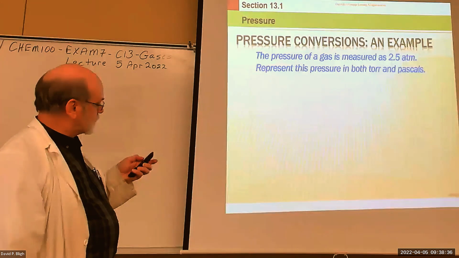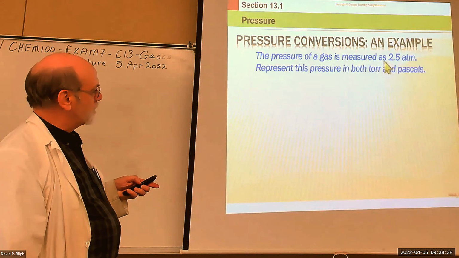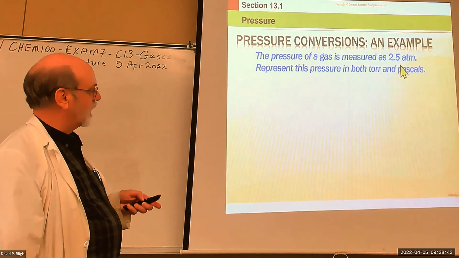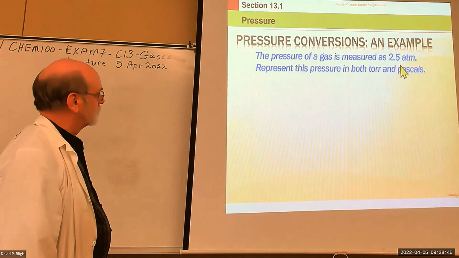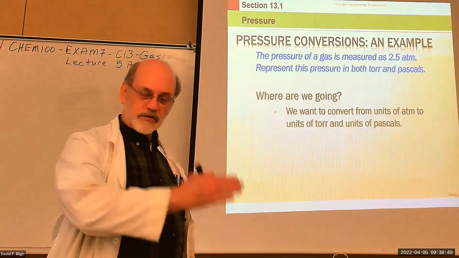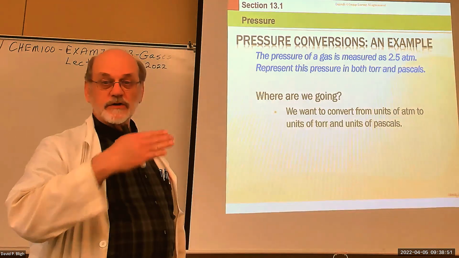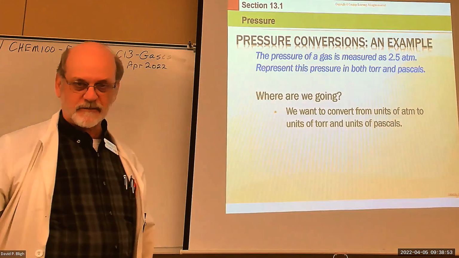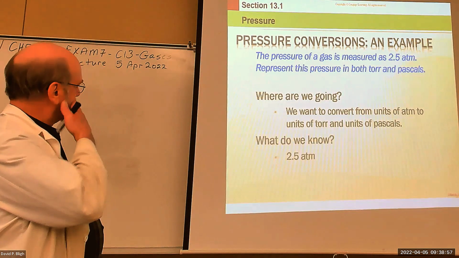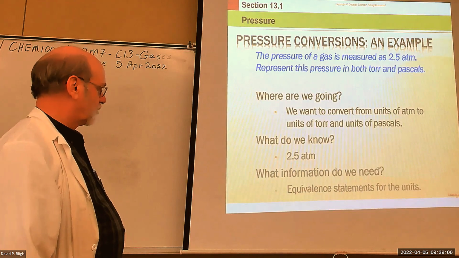Change this pressure from 2.5 atmospheres to torr and then into pascals. Okay, so what do we need? Where are we going? We're starting with 2.5 atmospheres, first going to torr, which is millimeters of mercury. So that's what we know.